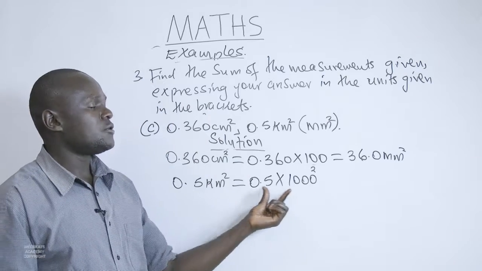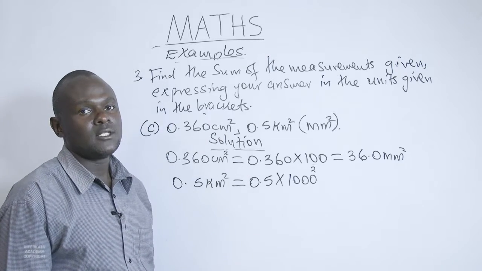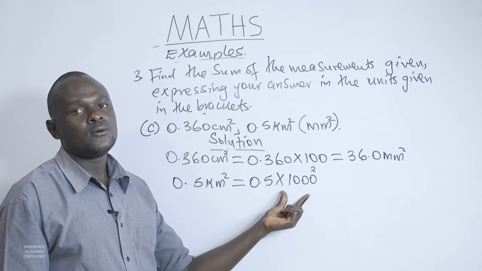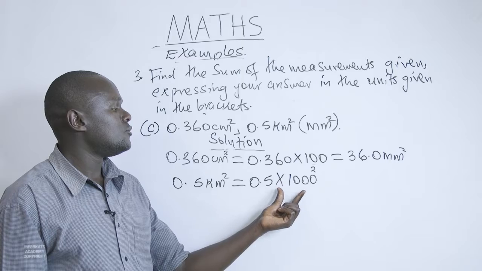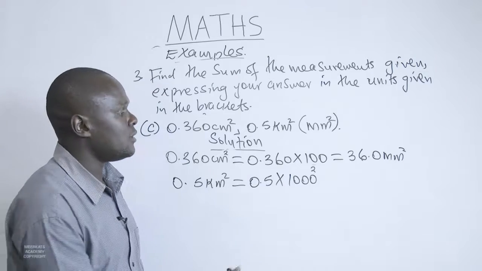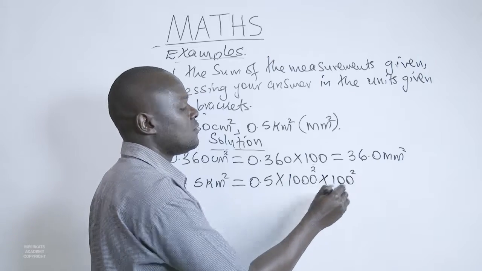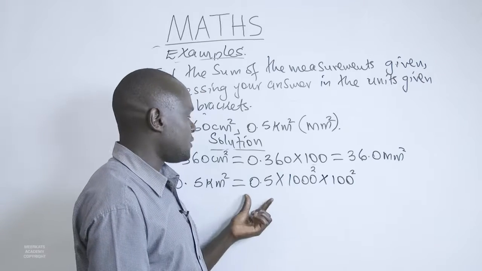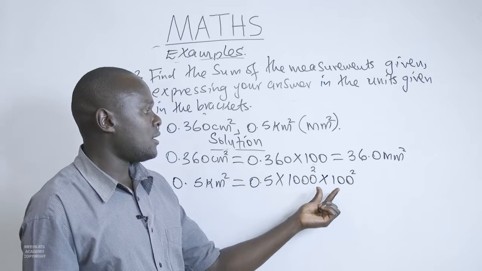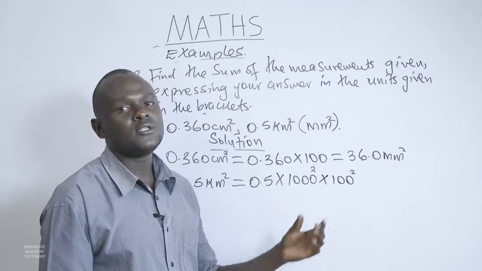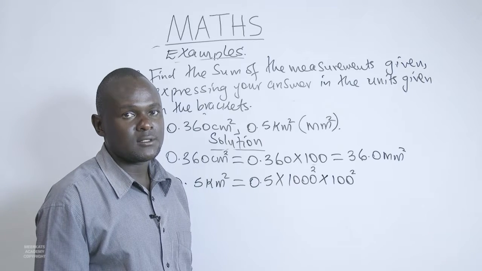This number is already converted into square meters, and to convert the same number to square centimeters, we will multiply by 100 squared. So this number, when multiplied by 1000 squared and 100 squared, will have been converted to square centimeters.